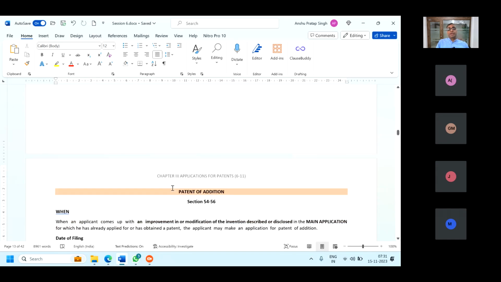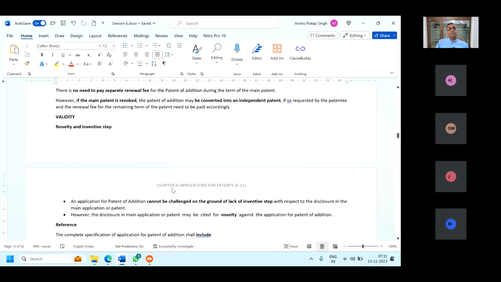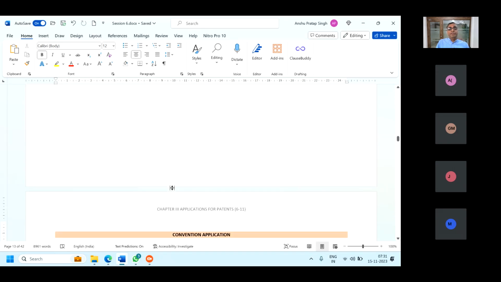Okay, once again, I'm repeating, a divisional application is because of division, while a patent of addition is by filing a separate application for any modification or improvement. In a divisional application, the earlier application is called the first mentioned application. In a patent of addition, the earlier application is called the main application.